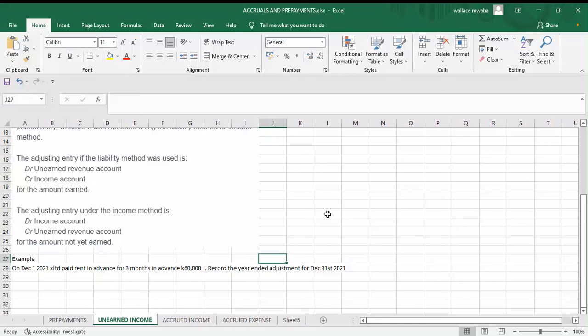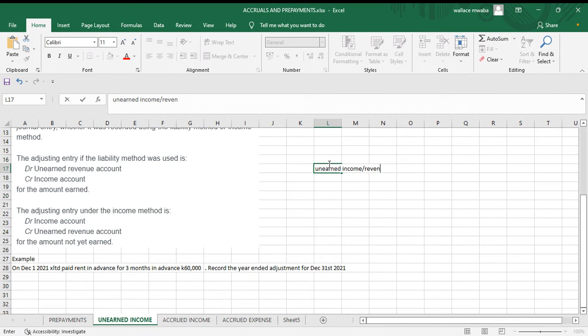Right, so we're looking at earned income, or sometimes it's called earned revenue, or sometimes prepaid income.